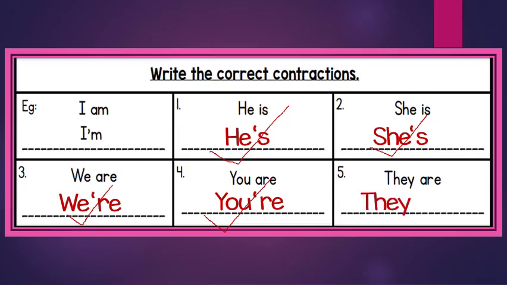You first write they and then the apostrophe. Lastly, you put RE. If you got that correct, again, another big tick. Well done. If you got all correct, what do you need to do? You should put a star. Well done, very good.